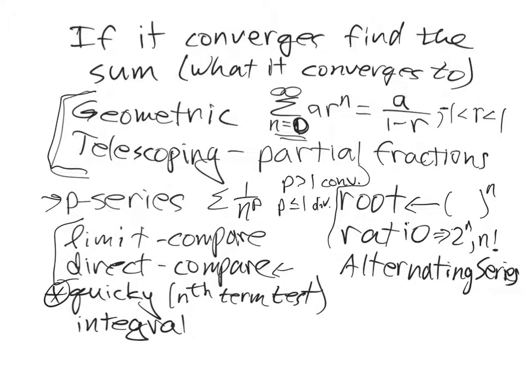But there are some combinations where the direct comparison doesn't work real well. Wouldn't sine and cosine stay between 1 and negative 1? Yes, between 1 and negative 1. So what if you use the limit comparison? The problem with the limit comparison is that the limit of sine n as n approaches infinity doesn't exist. And the limit comparison test says L has to exist. Remember we talked about that?